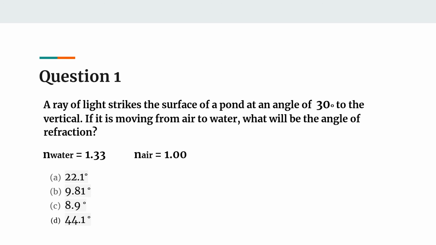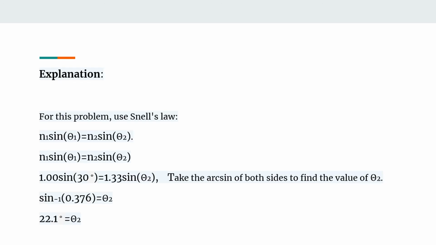I hope you can calculate the angle of refraction from our previous discussion. For your convenience, we have shown the explanation here, and you can see the angle of refraction would be 22.1 degrees for this problem.